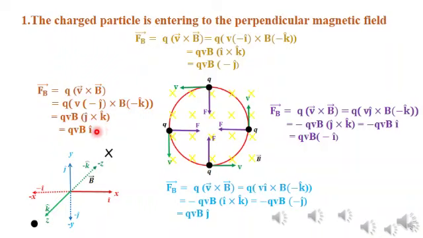Since the unit vector is along the positive x direction, it is clear that the force acts in the plus x direction, meaning towards the right side. Due to this force, the charged particle reaches the initial point and continues this circular motion such that the axis of rotation of the plane will be the magnetic field.